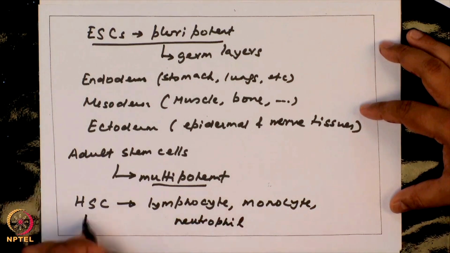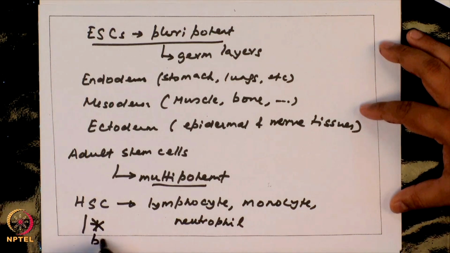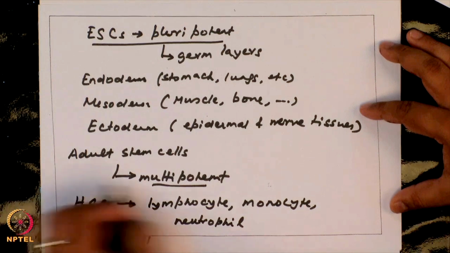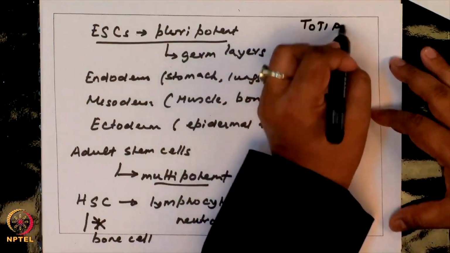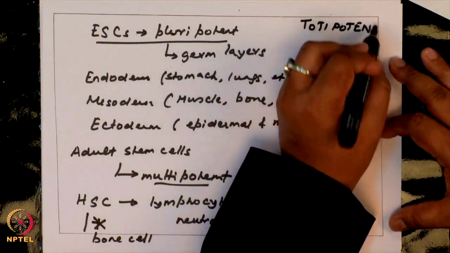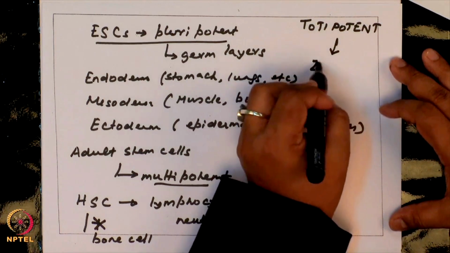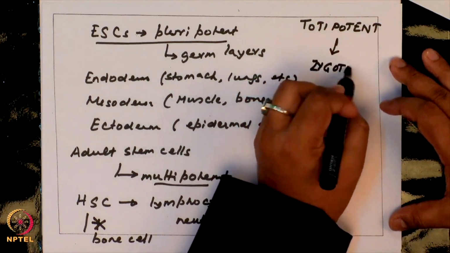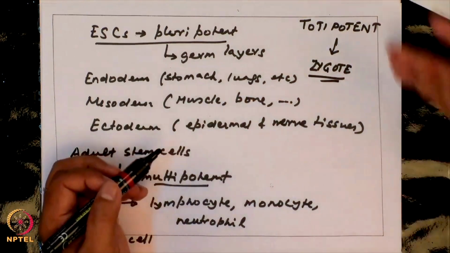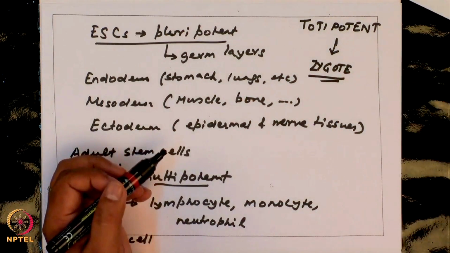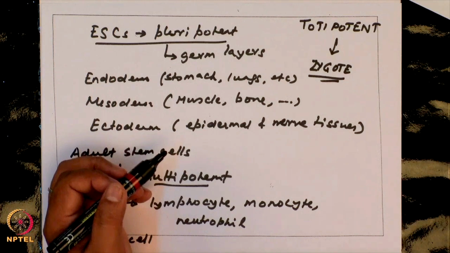But it cannot give rise to a bone cell. So, this is called multipotent. And in comparison to pluripotent or multipotent, you have one more case which is called totipotent, and an example is the zygote. These can also give rise to your sperm cells. So, this is totipotency.